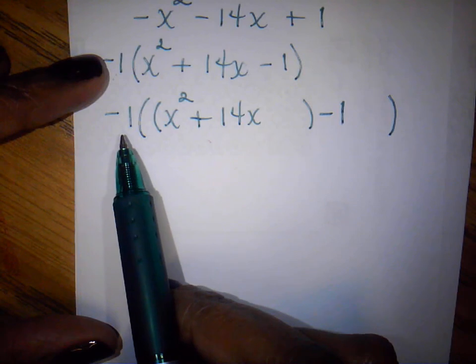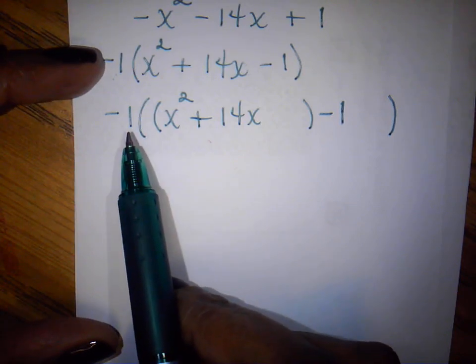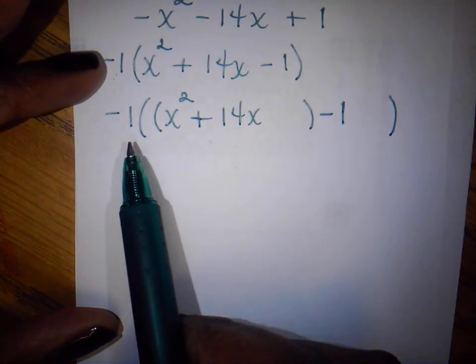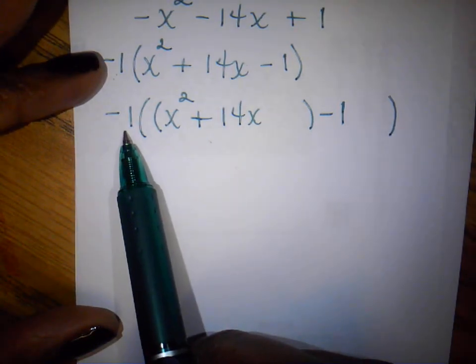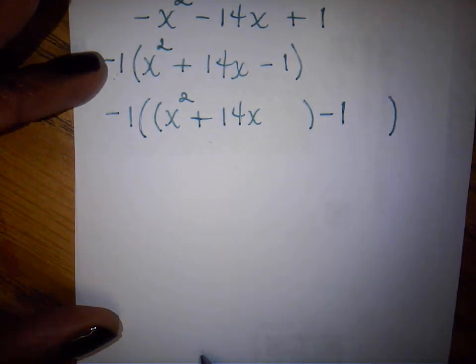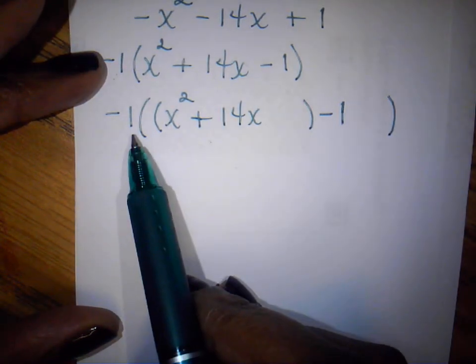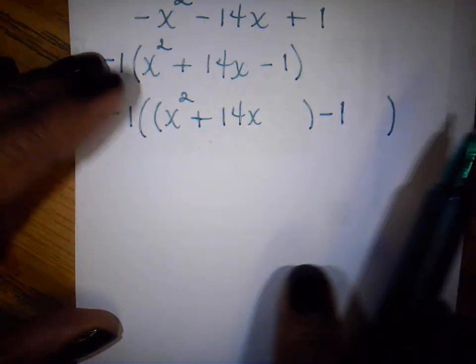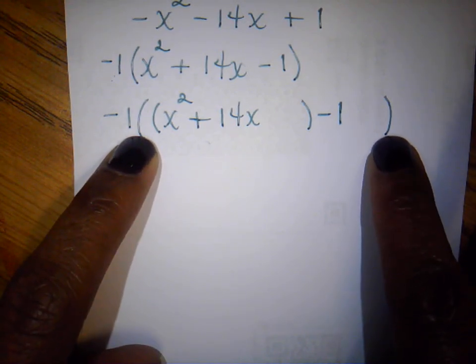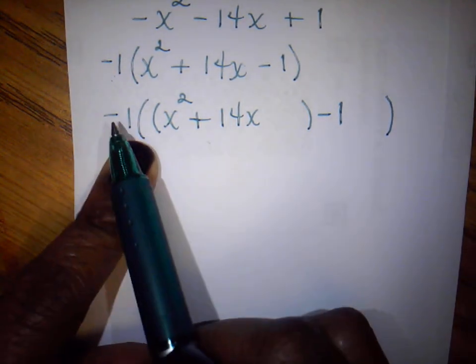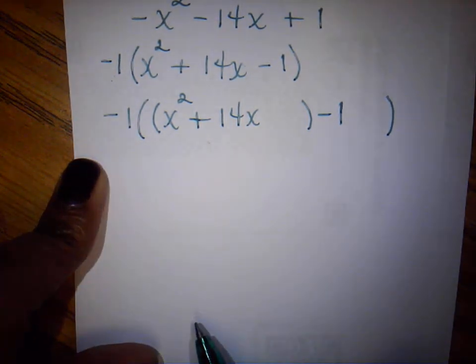You see this negative 1? We have to accommodate for the negative 1 throughout the entire process. We're going to be doing things with this negative 1 at the very end. And because I have something on the outside, you see this set of parentheses right here? That's the only thing that's different. Think of it as protection. I'm protecting the process from the negative 1 until I get to the end.